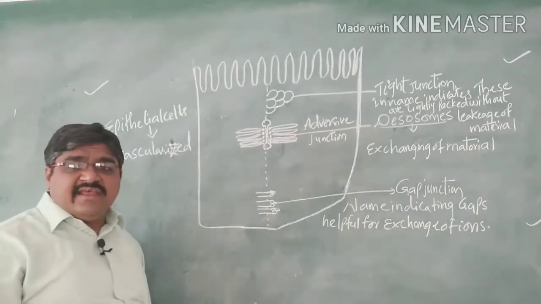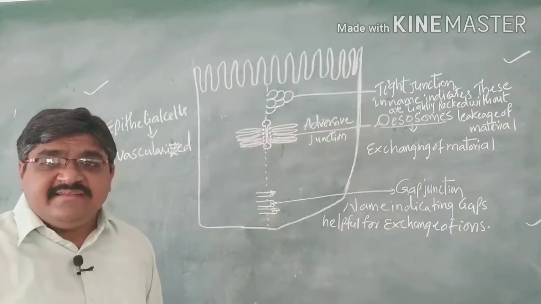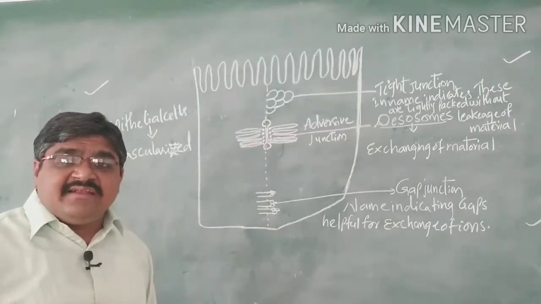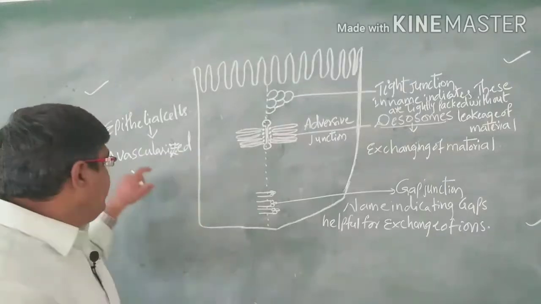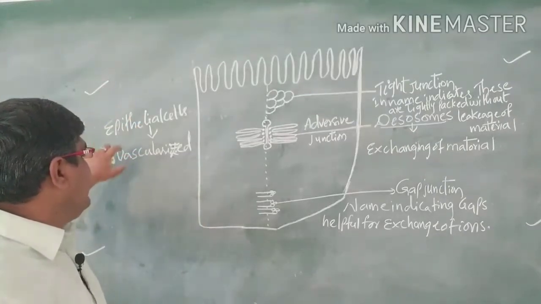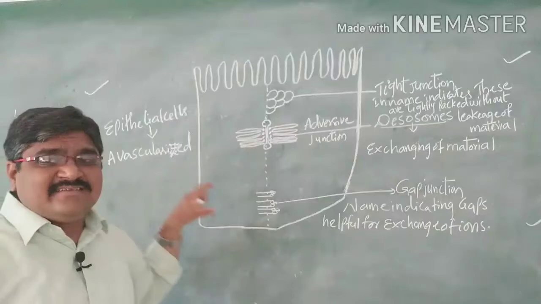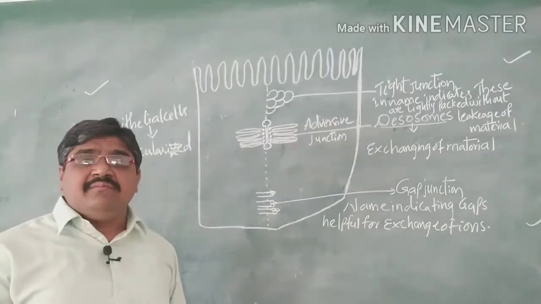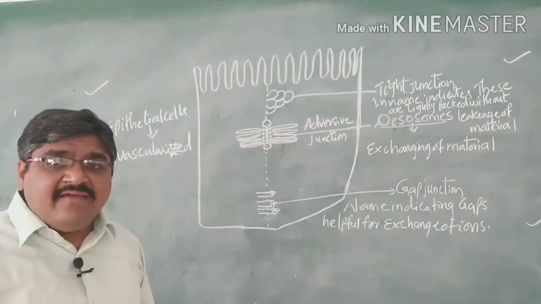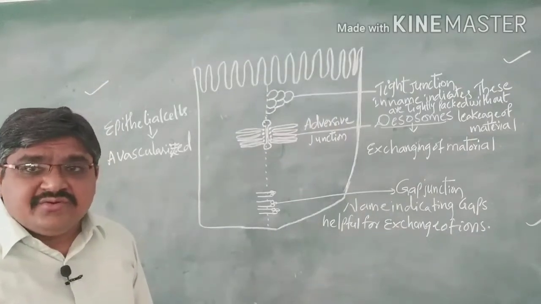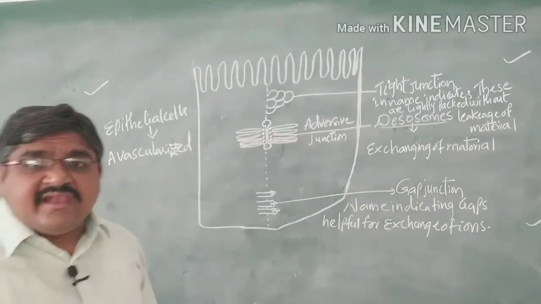A means absent, vascular means blood supply. A direct blood supply does not take place to these epithelial cells. So we can call them avascularized tissues.